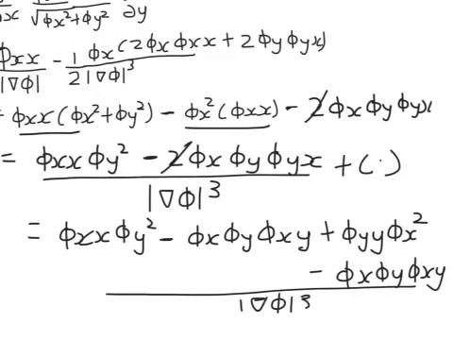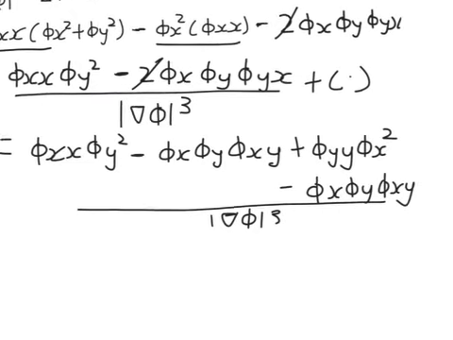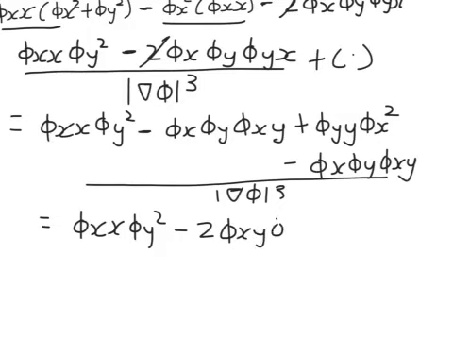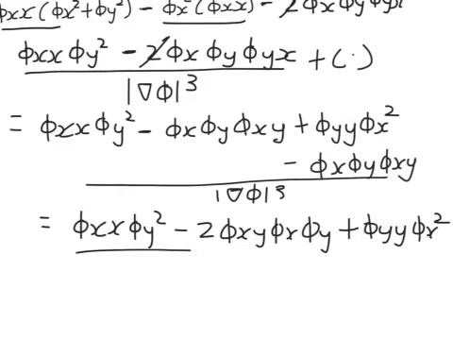So then what we have, this is what we started with: phi xx phi y square minus 2 phi xy phi x phi y plus phi yy phi x square, upon the magnitude of this.